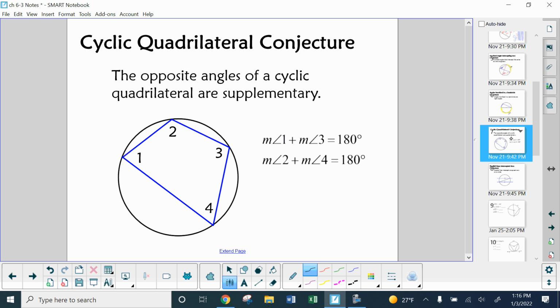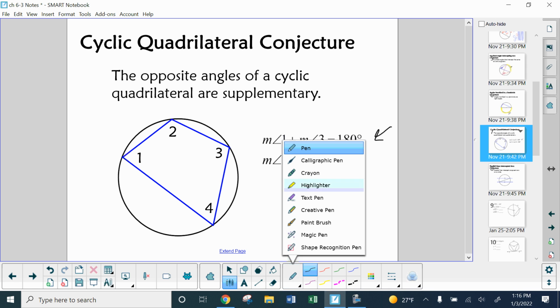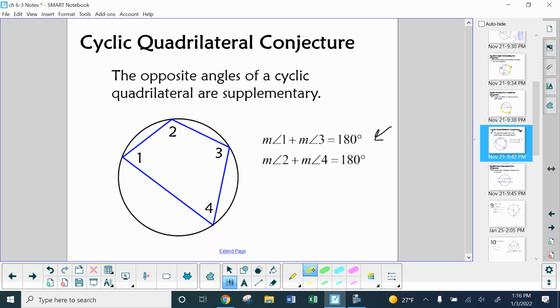So let's figure out why that is. Let's just focus on angles 1 and 3. Let's look at angle 1. If I follow the legs of angle 1, notice that it opens up to that arc, right? Now if I follow the legs of angle 3, it opens up to this arc.